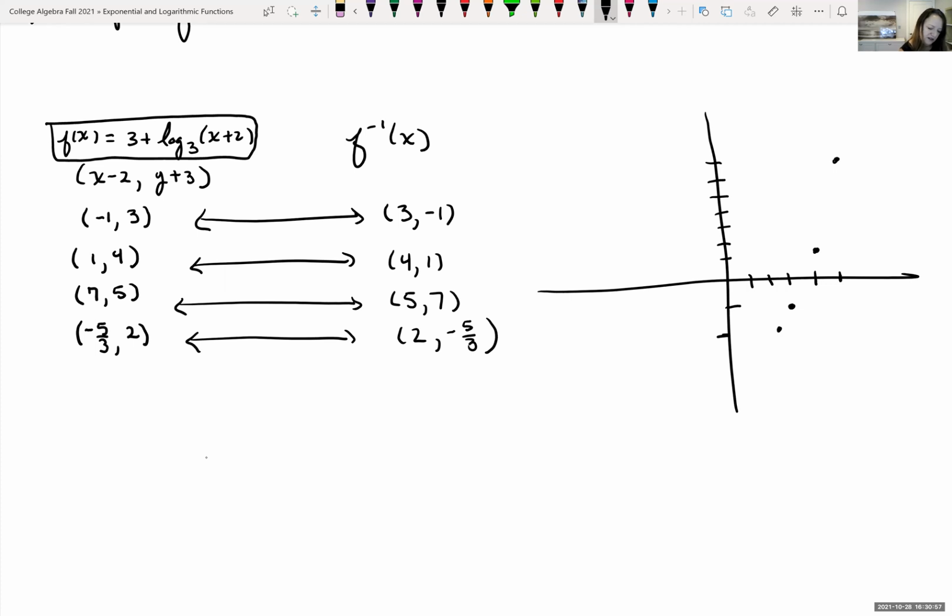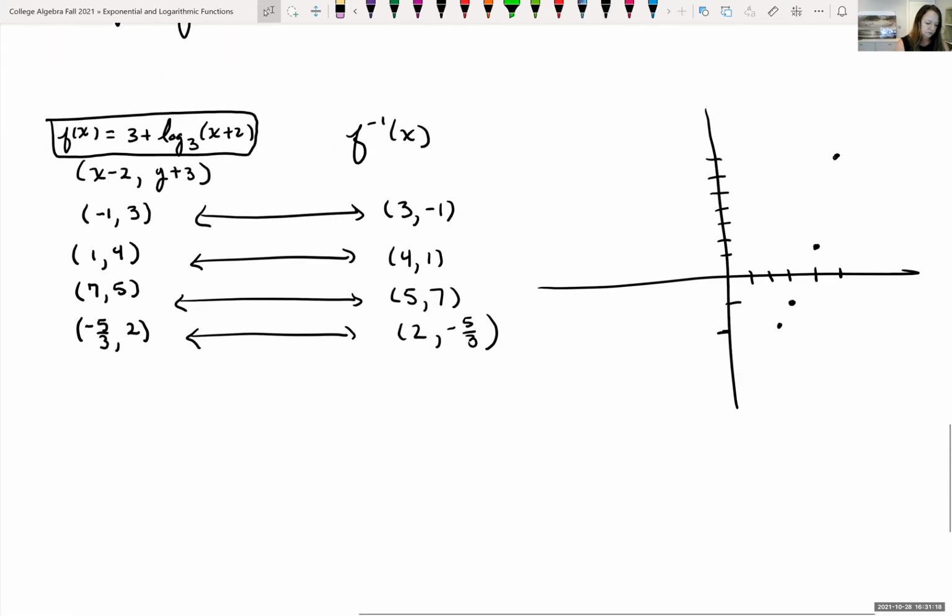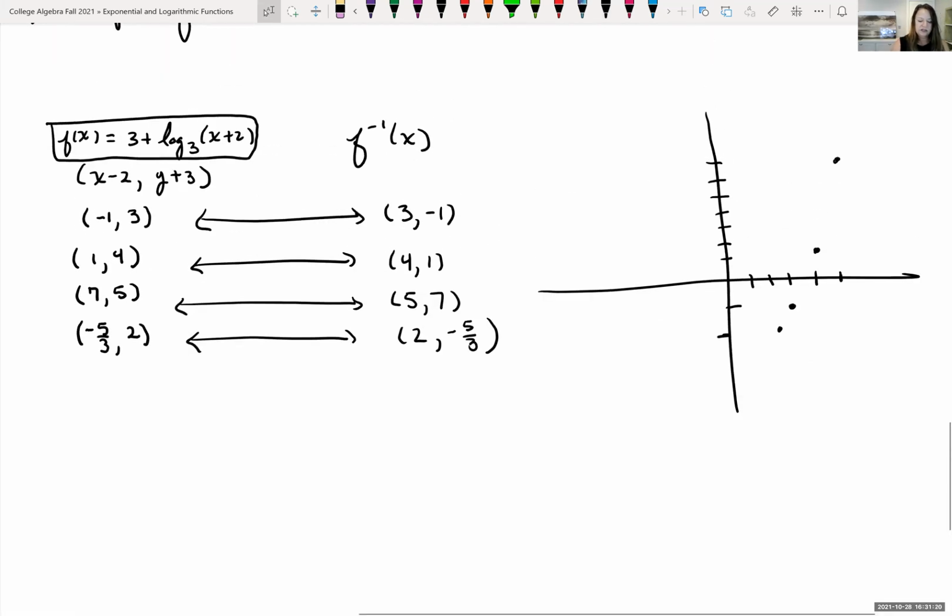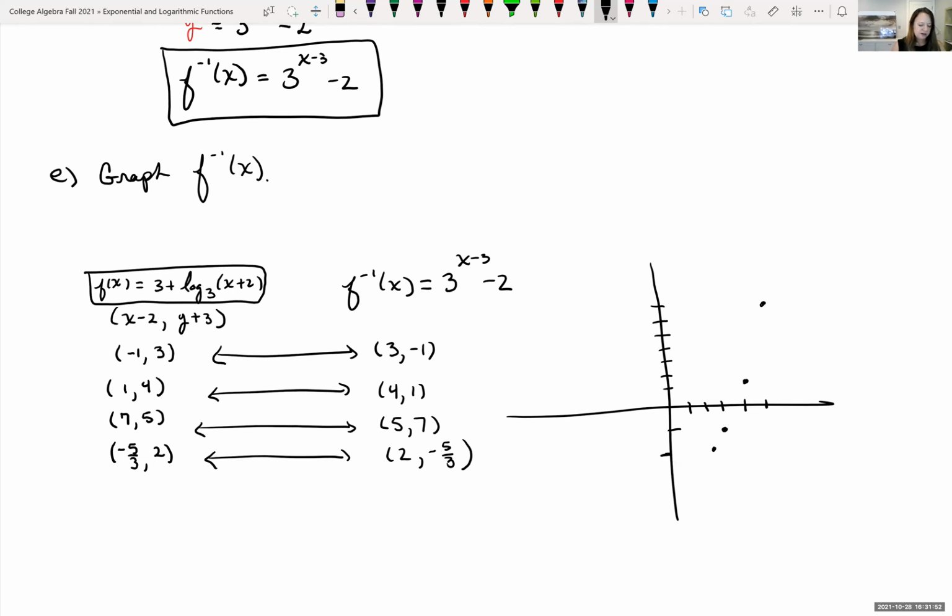Mine kind of looks off, I believe. Let's see. Something looks off. Let me just think about this for a second. And that could just be my tick marks. Okay, so I just rewrote what my inverse function was, and what we do have was looking right.